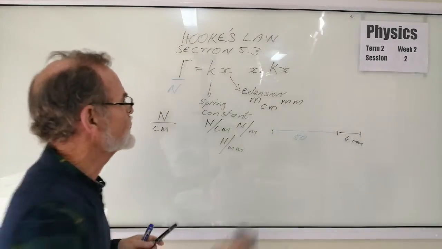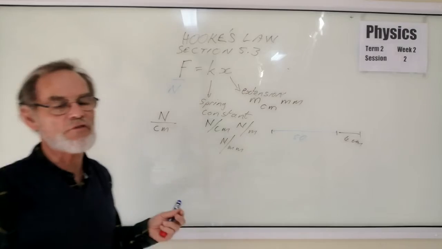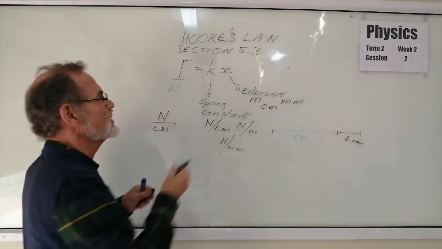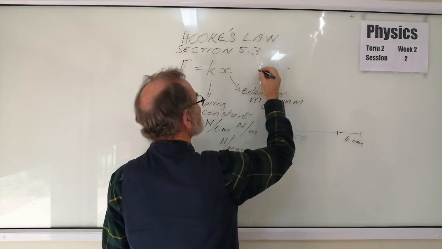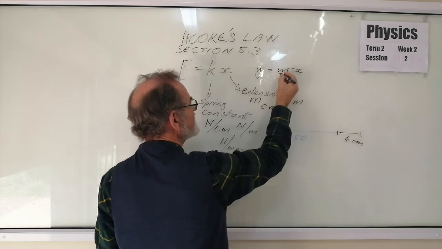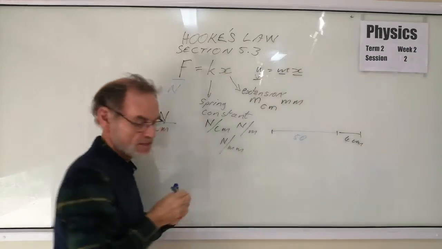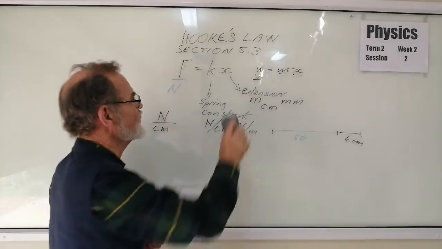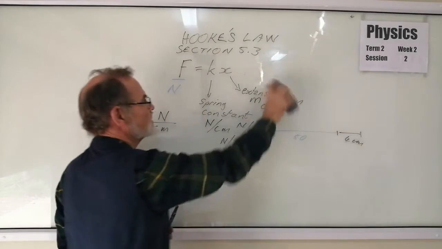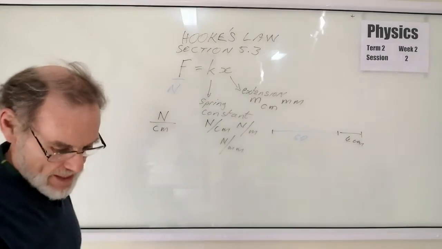The graphs on the linear motion would have been in the form of y equals mx, where this is the slope, this is the x-axis, that's the y-axis. This graph is written the other way around, so don't change it, otherwise your K's units are not going to be right. Okay.